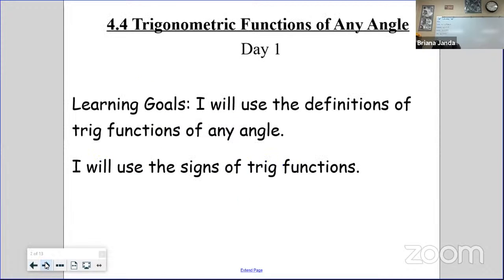All right. Today, again, kind of building into something new, we are going to look at the foundation of this whole idea of the circle. It is all based on the trig functions. We're going to talk a lot about it, setting up our ratios based off of our right triangle. So today we're going to use the definition of our trig functions to find any angle.